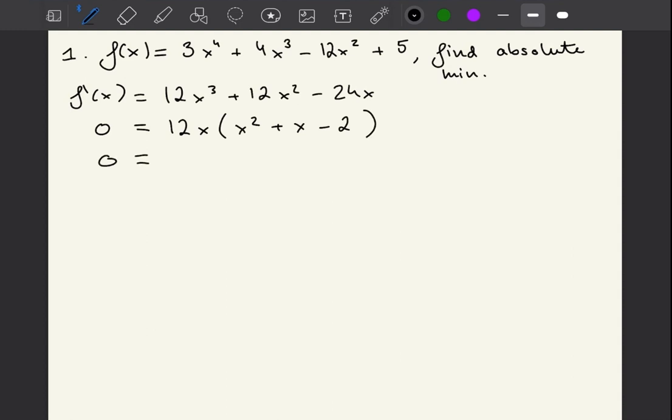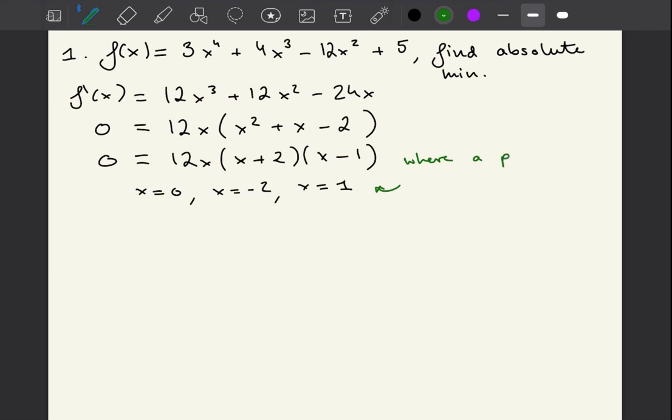And then we factorize this further to get 12x times x plus 2, and then x minus 1. So our solutions for this are x is equal to 0, x is equal to negative 2, and x is equal to 1.